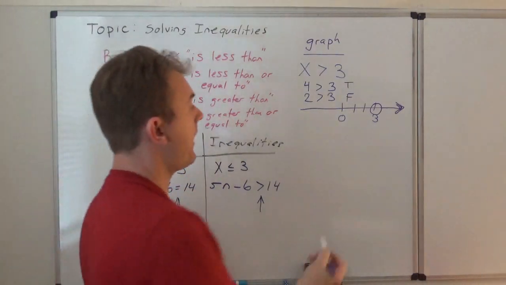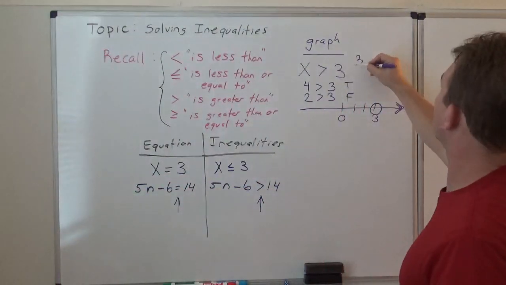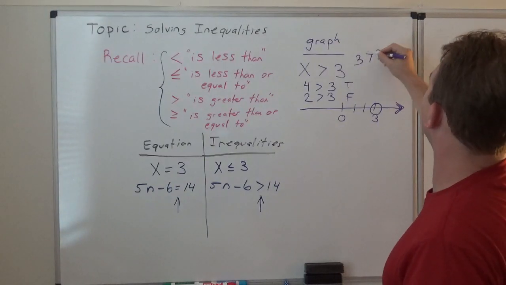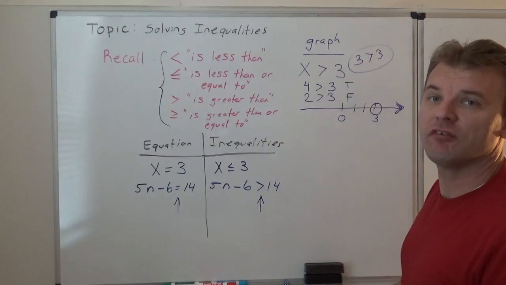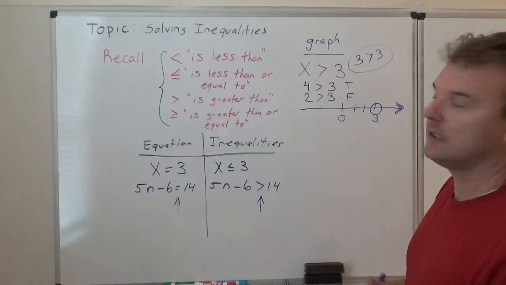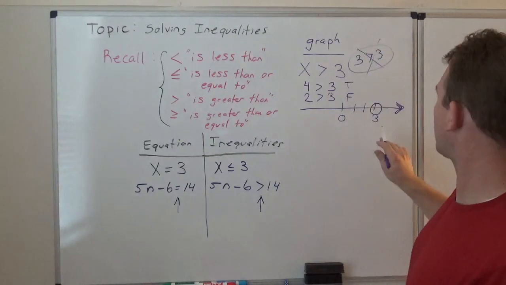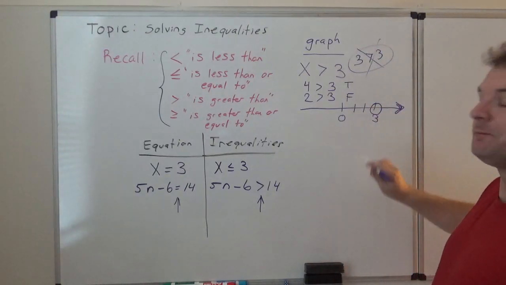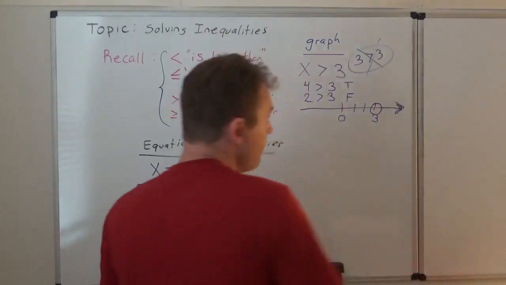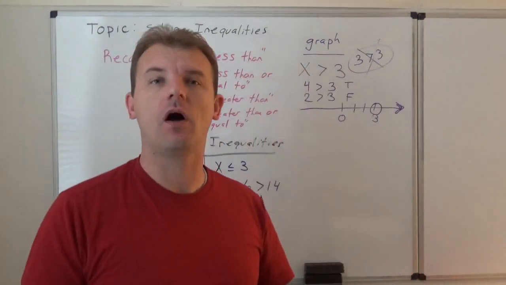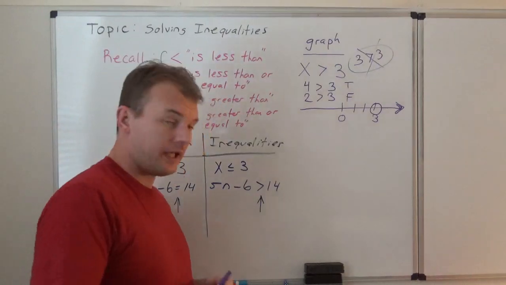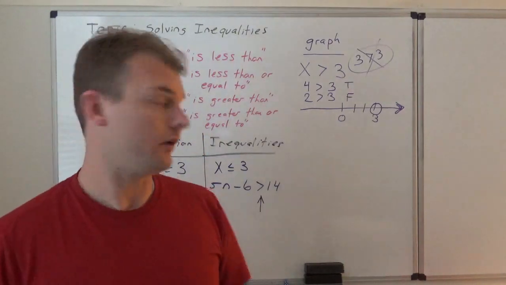And remember that 3 cannot be greater than itself, so this does not work, and that's why this is hollow. That was just basic review of inequalities. So let's now get into solving inequalities.